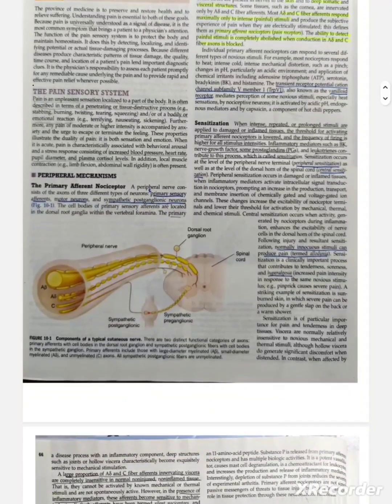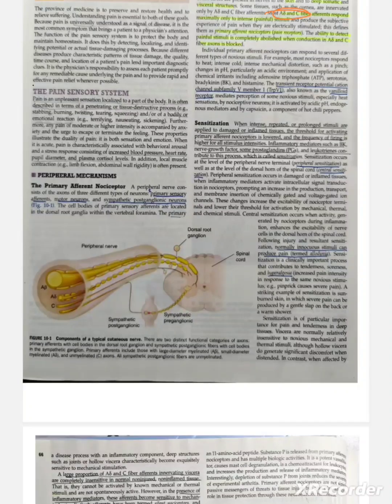Now what is sensitization? The next point is sensitization. In this full paragraph, the author wants to say that sensitization is the activation of these two neurons, A delta and C, which mainly sense pain.